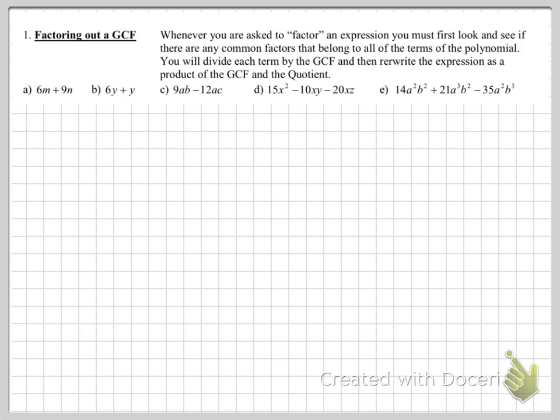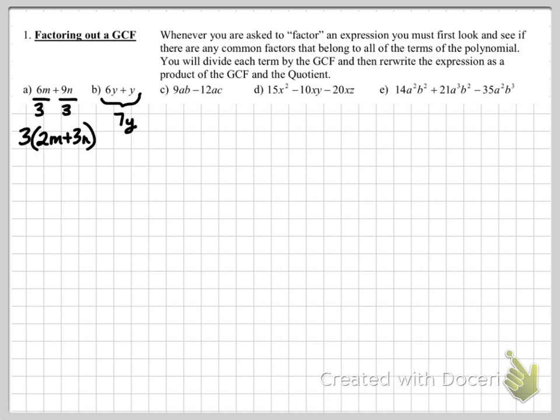In 6m plus 9n, I notice I can divide 3 into both of those terms, and so I can rewrite this as 3 times, and if I divide that, I will get 2m plus 3n. In the second one, 6y plus 1y simply adds together to be 7y, and I really don't have to factor that because it's already only one term.